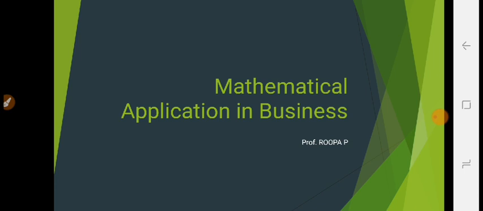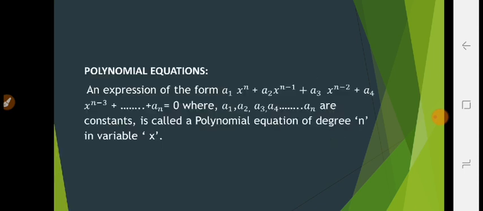In the last class we discussed up to degree of equations. In today's class we are continuing with that. The next concept is polynomial equation.